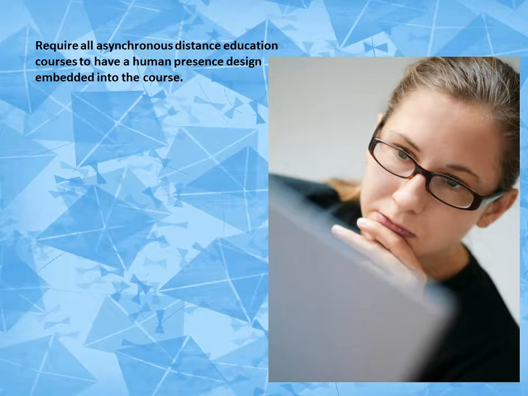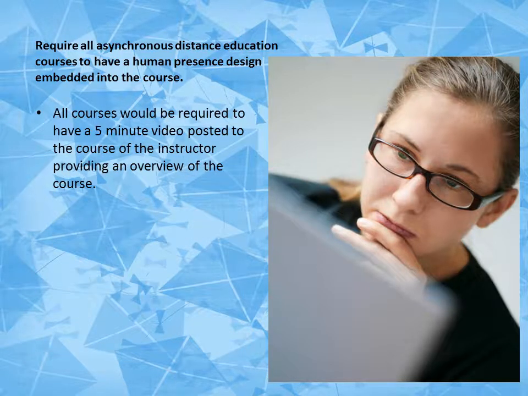Research has demonstrated that a human presence of the faculty member in the course will create a bond with the student and the faculty member just by that human presence. Therefore, all courses would be required to have a 5-minute video posted to the course of the instructor providing an overview of the course. Students will be required to view this video before accessing any instructional content of the course.